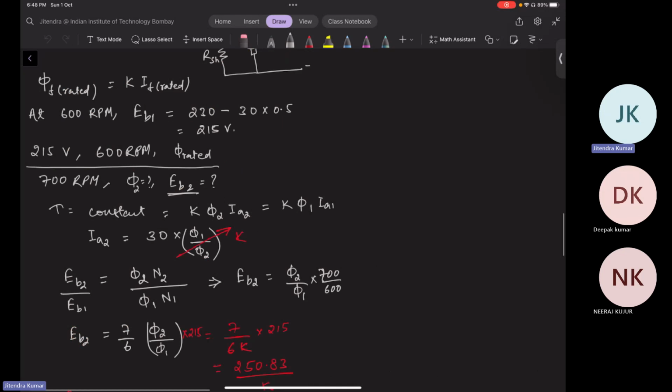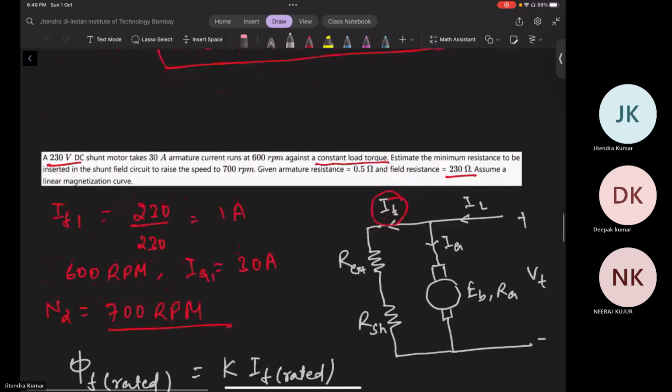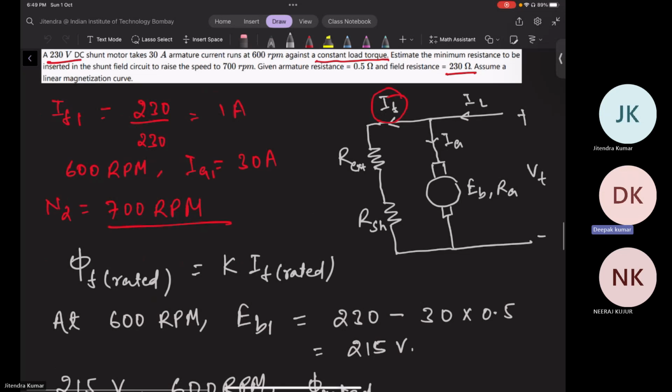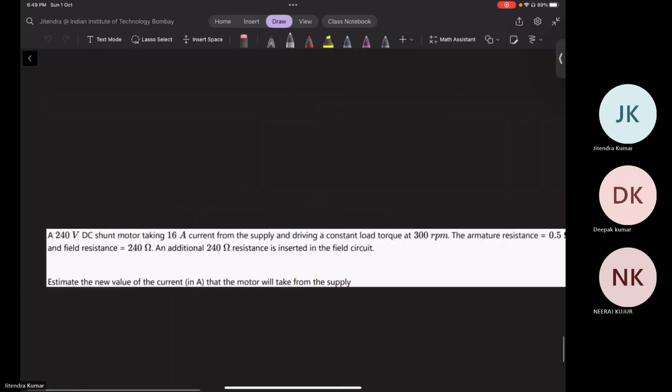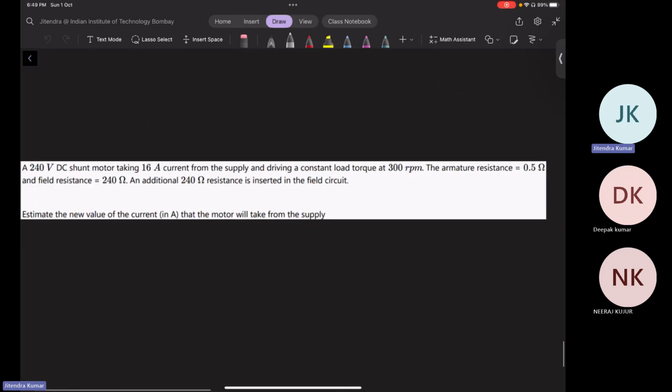If you see the question, IF1 is nothing but VT by RF, right? So the field resistance was 230 ohm. Yes, sir. Okay. So now here comes the next problem.